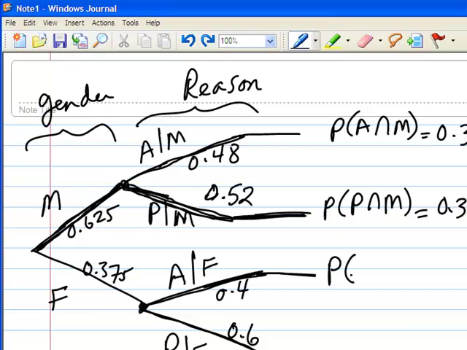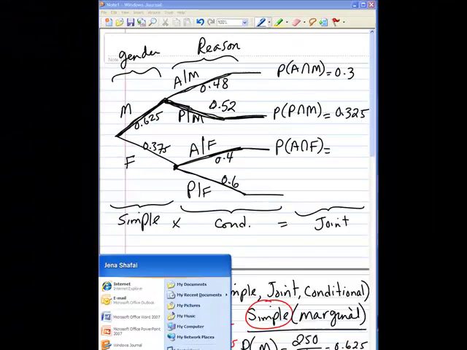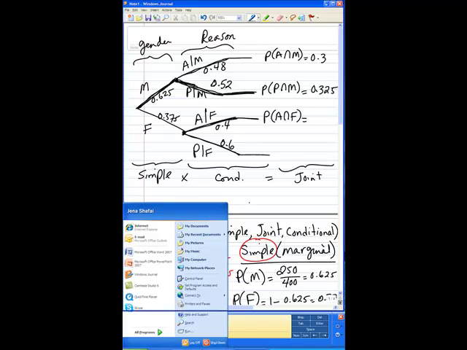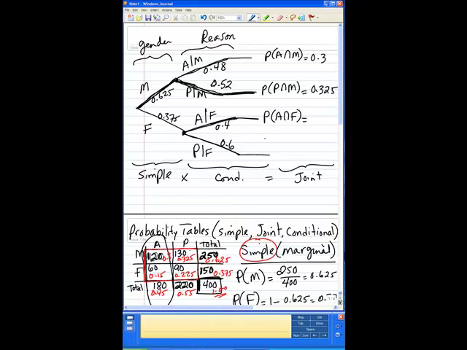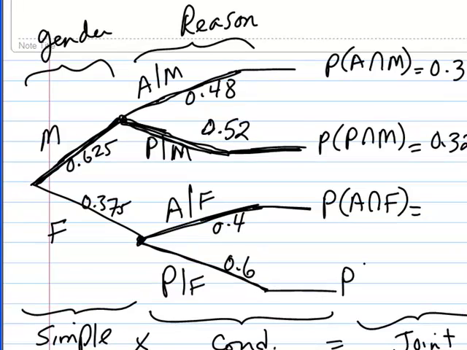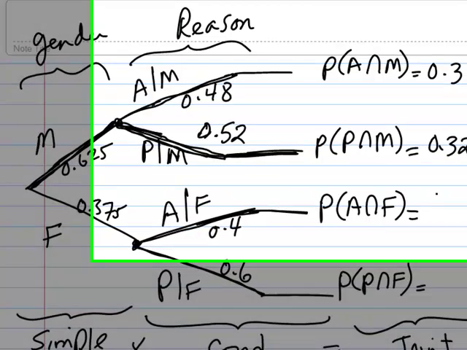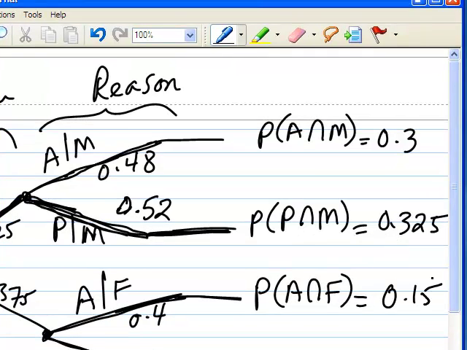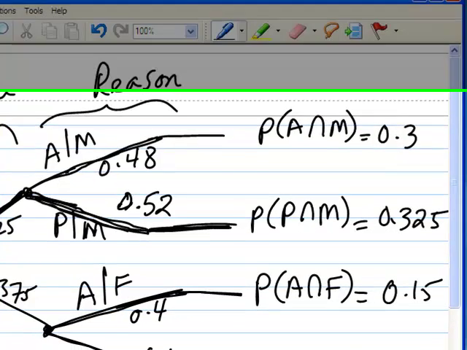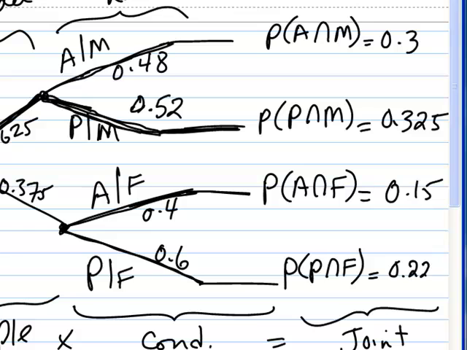Similarly, over here we have probability of A and F, and probability of P and F. And those numbers are, if you multiply 0.375 times 0.4, you're going to get A and F is 0.15, and P and F is 0.225.